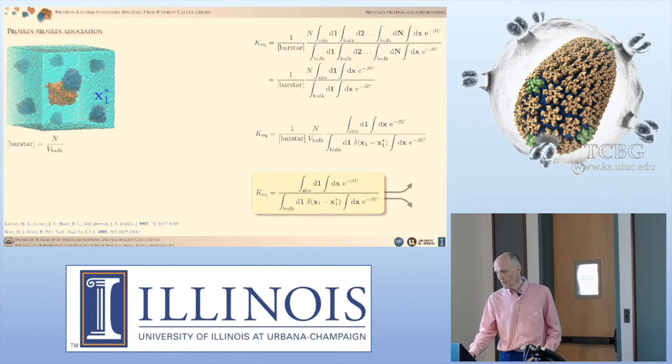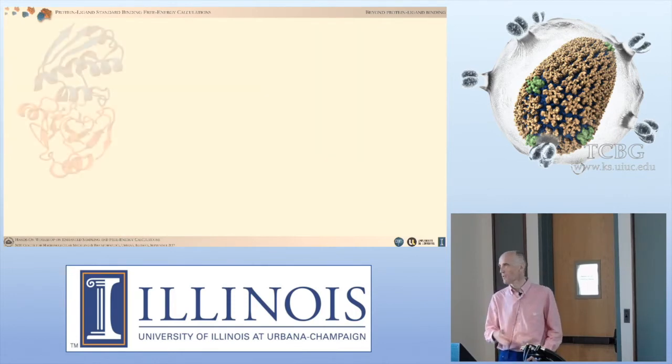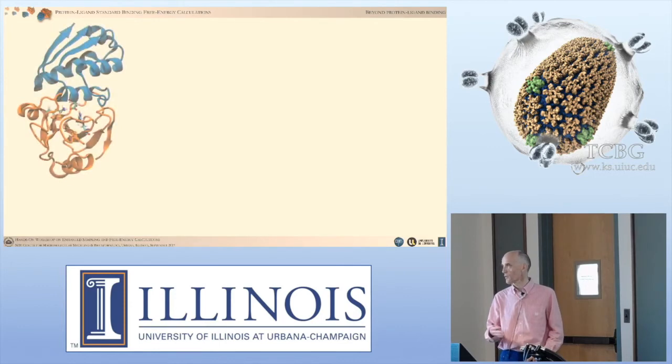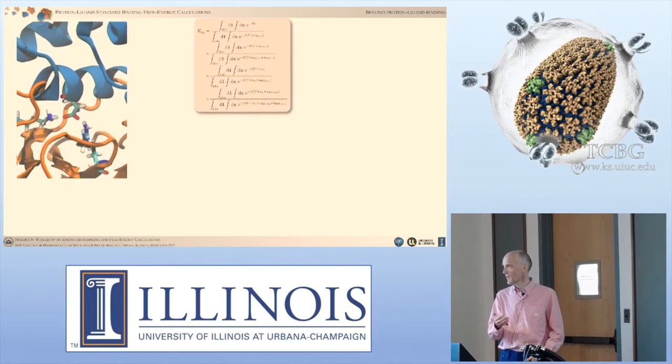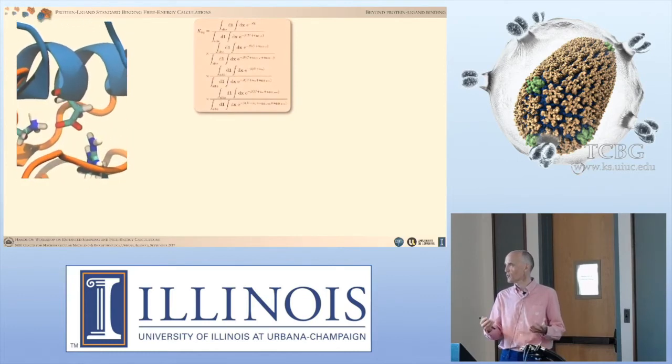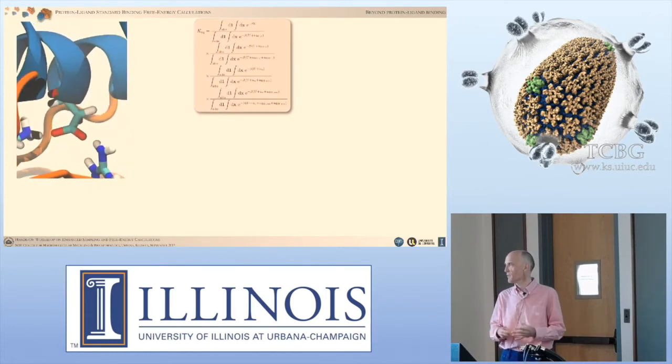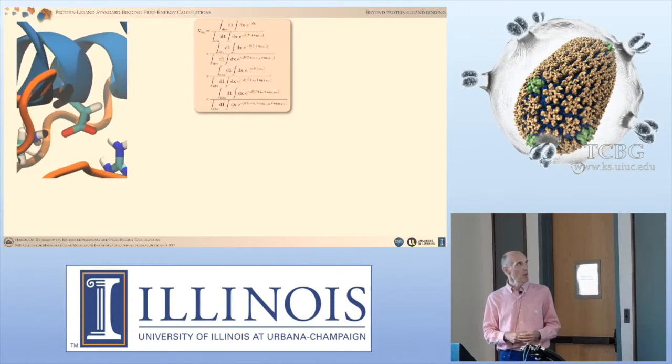And so then the number of potentials of mean force that we have to calculate. Of course, as I mentioned before, the alchemical route is out of the question, because the perturbation will be too big to make the big protein disappear in the water.